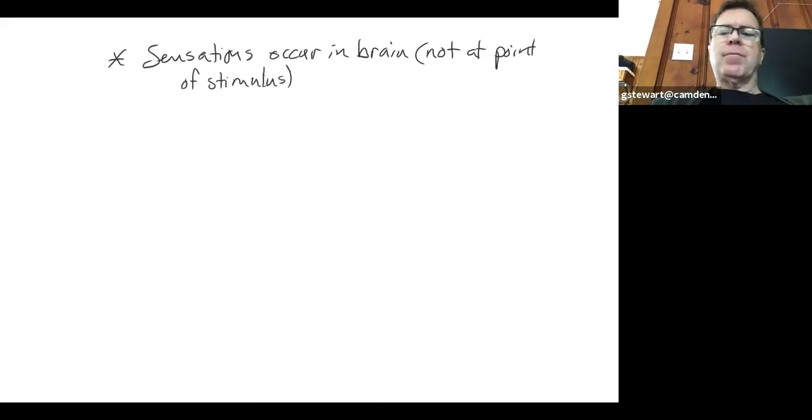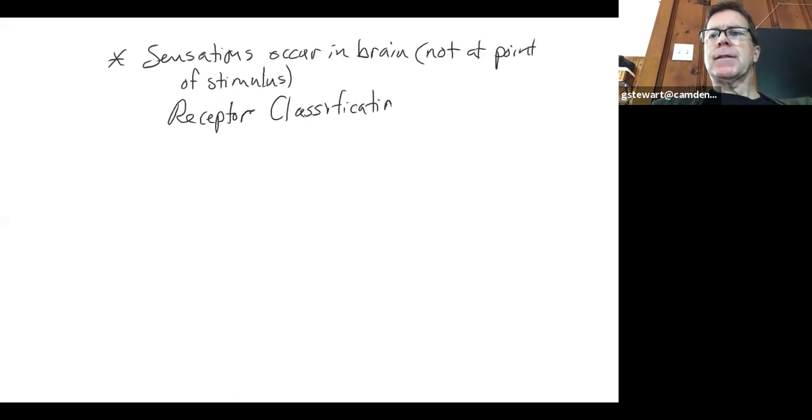And now I'm going to do some receptor classification types to end this discussion. Your book goes through several different classification types. I'm going to try to be quick and simple. First, we're going to look at them by stimulus type.